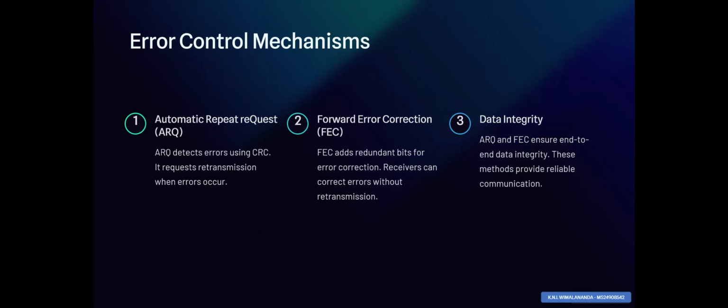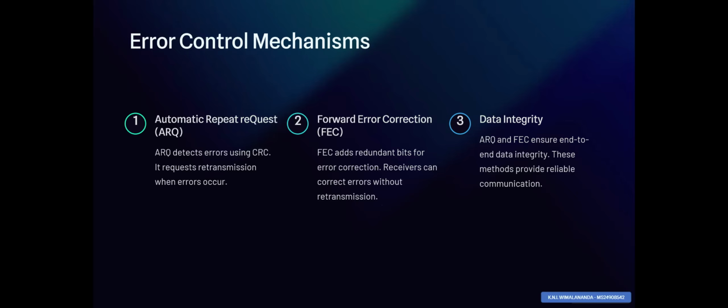And then the error control mechanisms. Ensuring data integrity during transmission is critical. Two primary approaches are automatic repeat request, ARQ, which detects errors using techniques like cyclic redundancy check, CRC, and requests retransmission when errors are found.